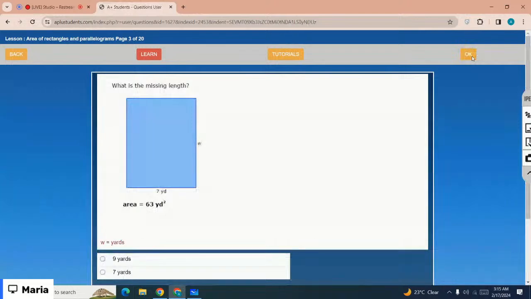What is the missing length? You have to calculate the missing length exactly the same way I just did. So which is the correct option?